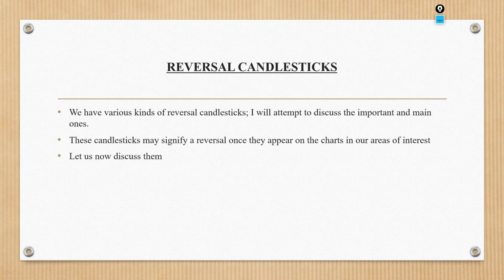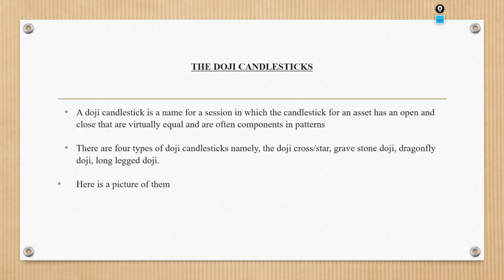So to start with, I'll explain the reversal candlesticks. Now, they are called reversal candlesticks because, we can even tell from the name reversal, they signify a reversal, right? So let's get into them.